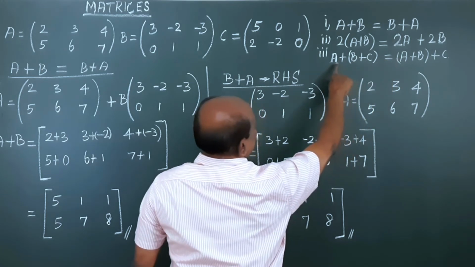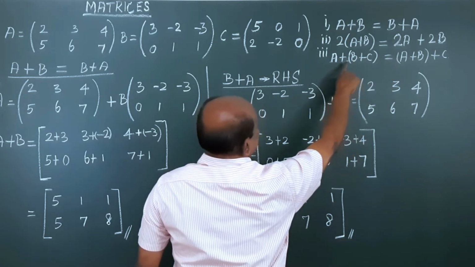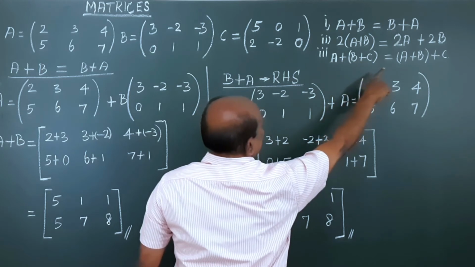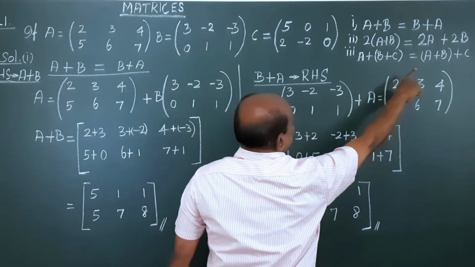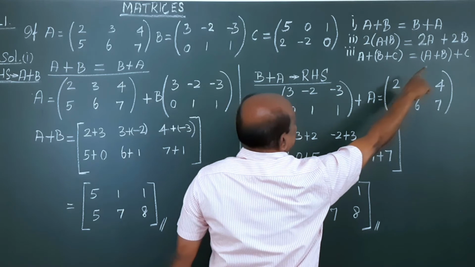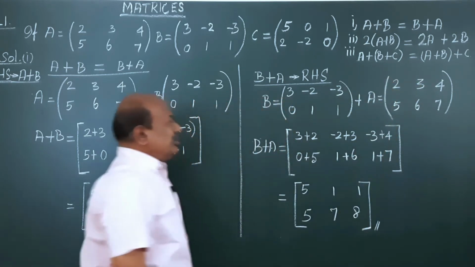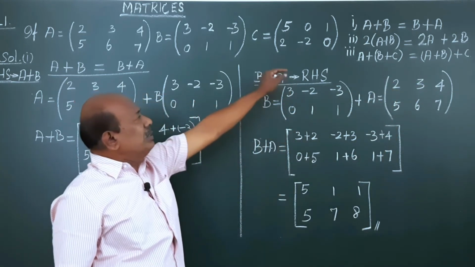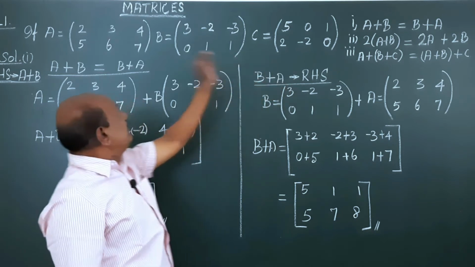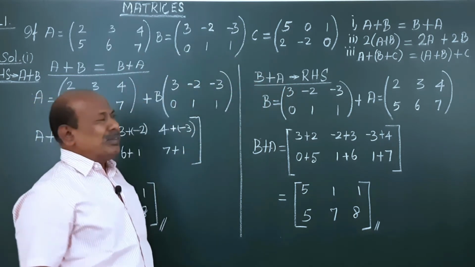The third one is (A plus B) plus C equals A plus (B plus C). We are going to prove these with regard to this problem.